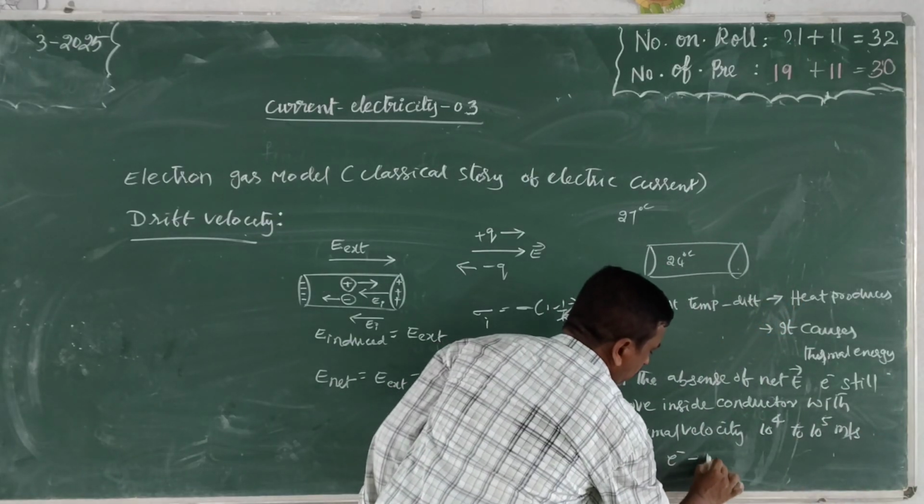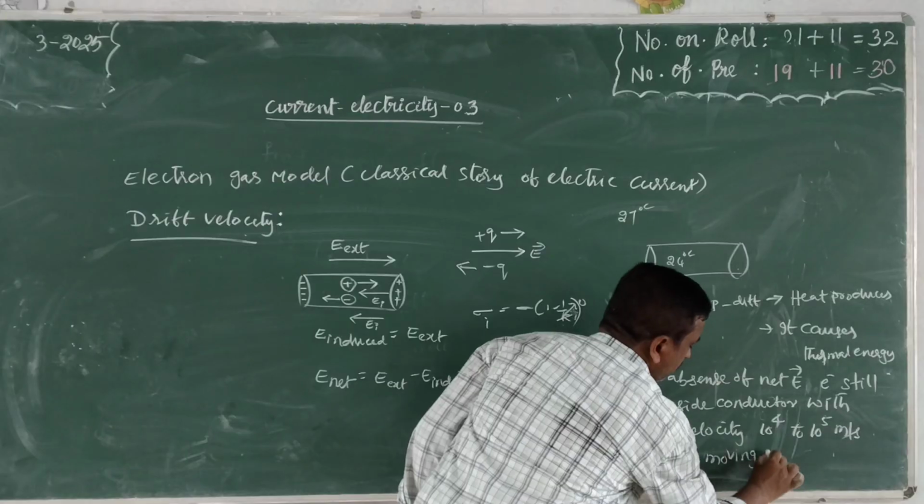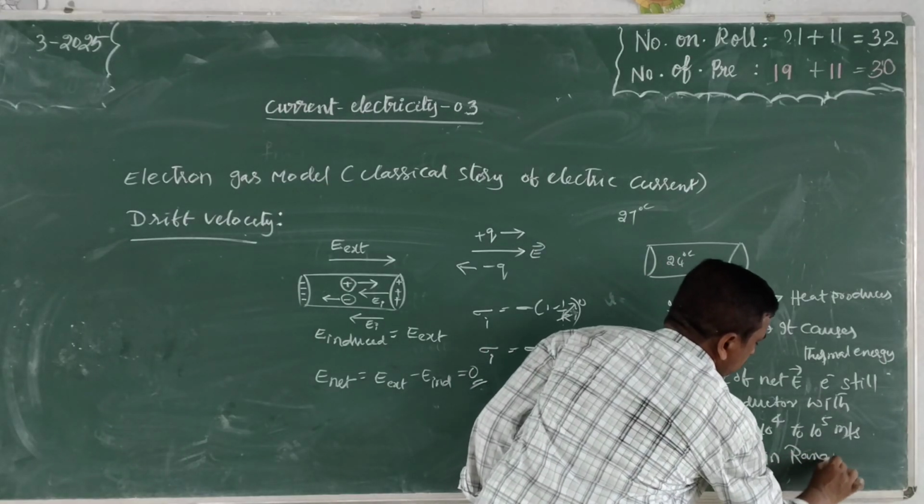The electrons are moving in random motion.